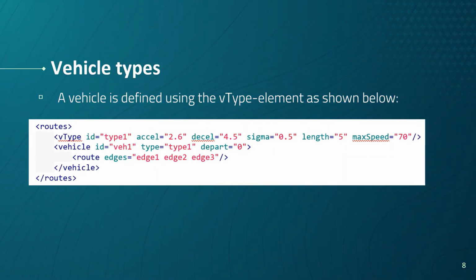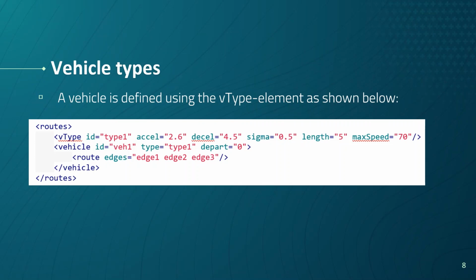Here you can see an example of a route file created using the vehicle type element. This definition includes the vehicle's purely physical parameters, which include its length, its color, or maximum velocity, and also the used car-following model's parameters.